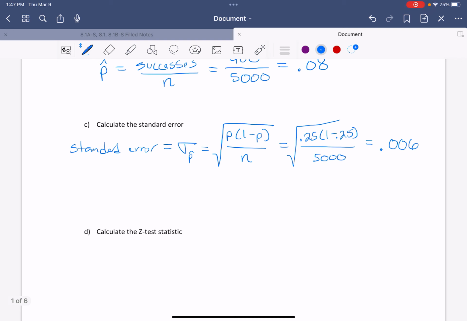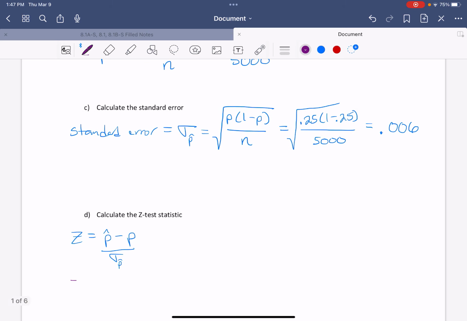Part D, calculate the z-test statistic, or just the z-score, which again, you have the formula for on your formula sheet. Just make sure you're comfortable identifying it. So z equals p hat minus p all over sigma sub p hat. Remember, you also had the other option of how to start it off.